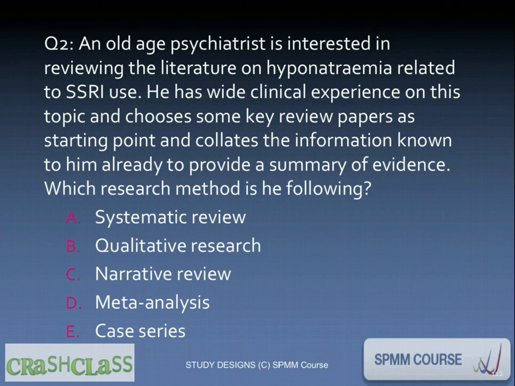He has wide clinical experience on this topic and chooses some key review papers as starting point and collates the information known to him already to provide a summary of evidence. Which research method is he following? Systematic review, qualitative research, narrative review, meta-analysis, case series. So this is an expert collecting data from previously published papers, but he's collecting them on the basis of his own prior knowledge. So this is narrative review.